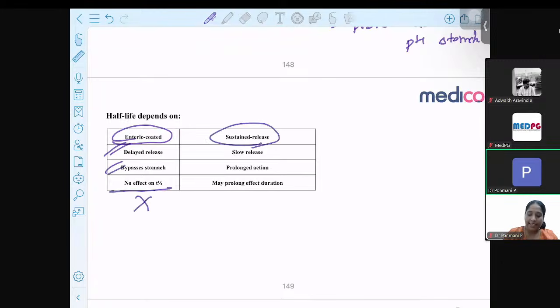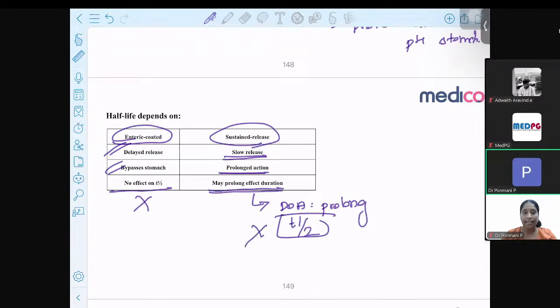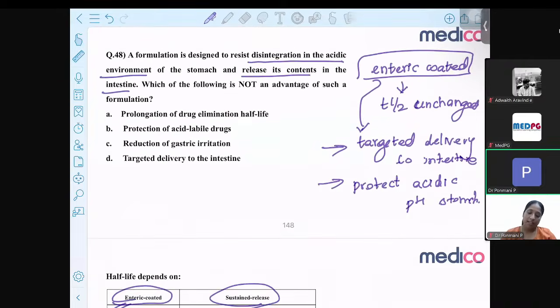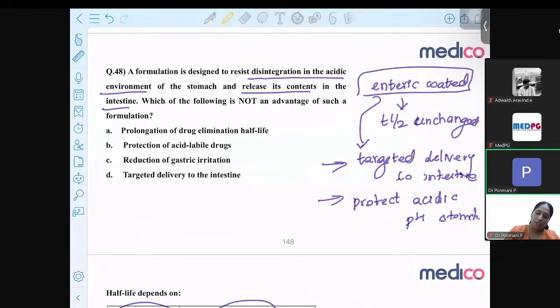Whereas sustained release means it is a slow release and it is going to prolong the action and the duration. Hence the duration of action will prolong. Please note, half-life also has nothing to do with sustained release. So the question is, which of the following is not an advantage of enteric-coated?